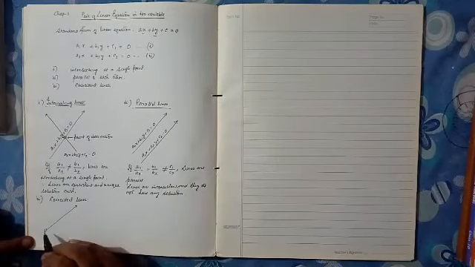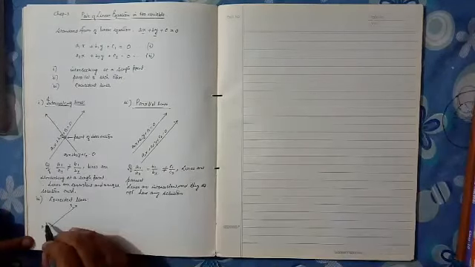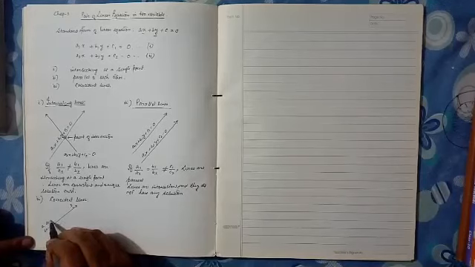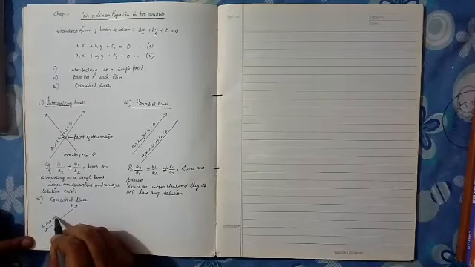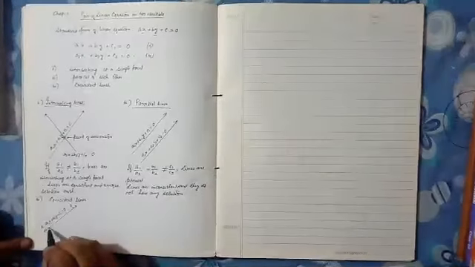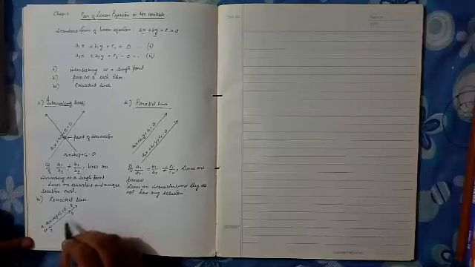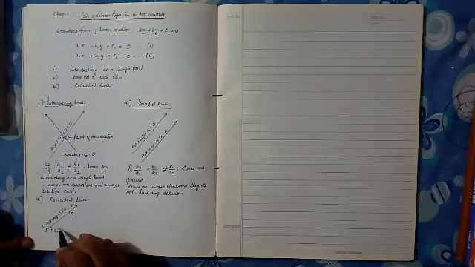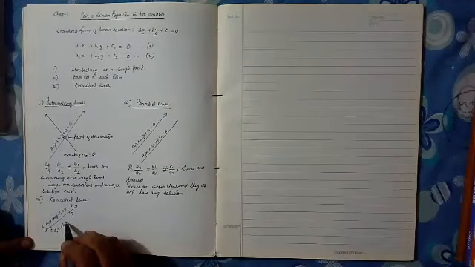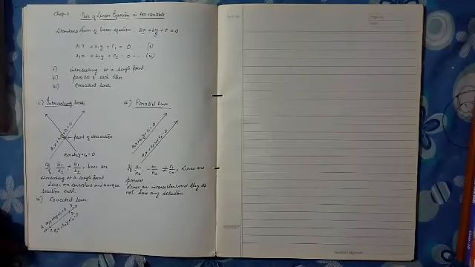Say the line AB is represented by A1x plus B1y plus C1 is equal to 0, and say CD is A2x plus B2y plus C2 is equal to 0.